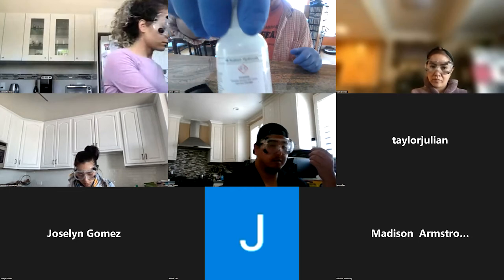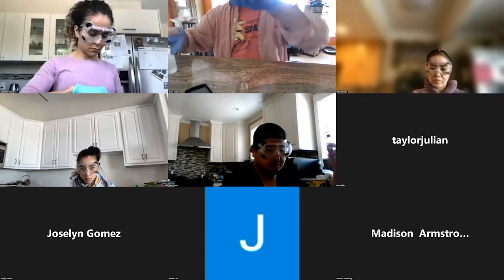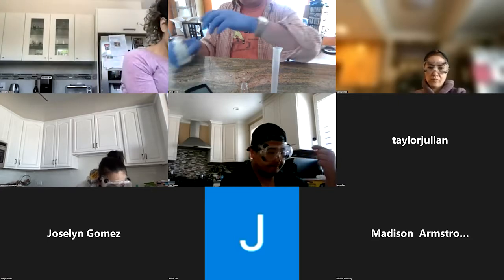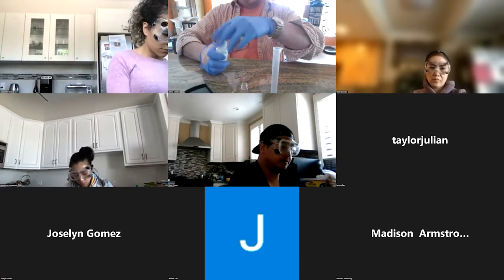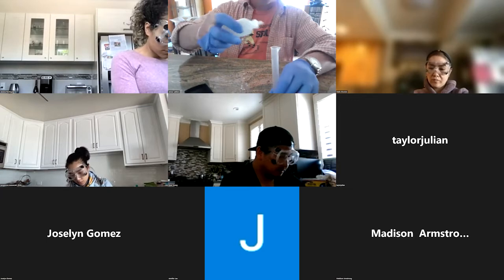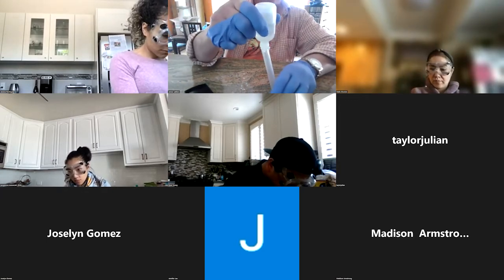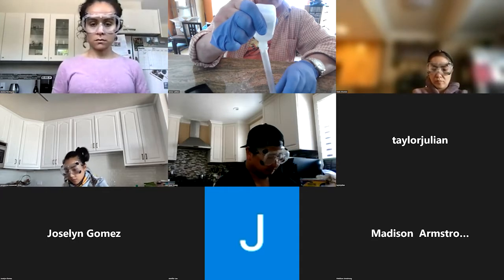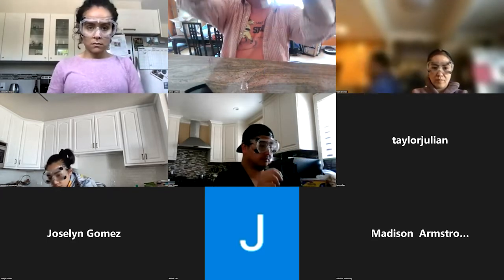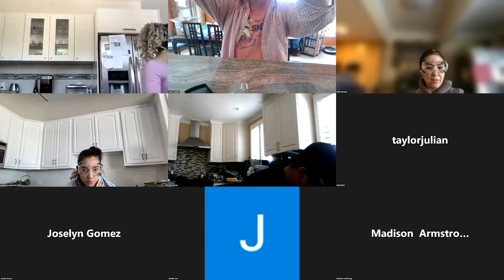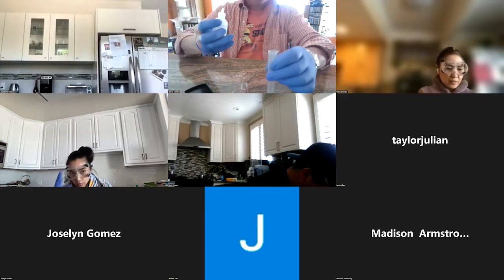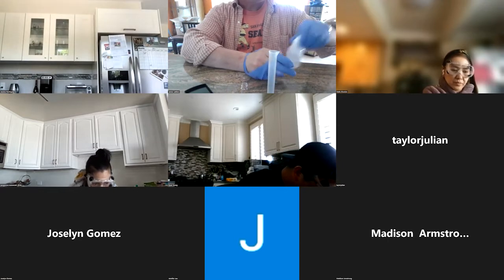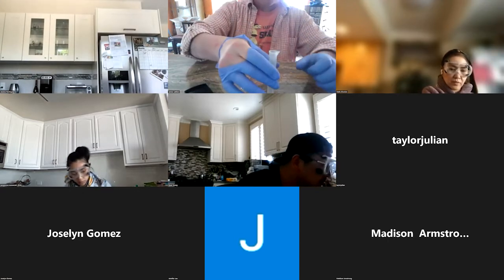And then 1 molar sodium hydroxide. We're going to want about 2 mils. And that's about 2 mils. If it's a little more, that's fine. It's basically going to be salting away the sodium hydroxide anyway.